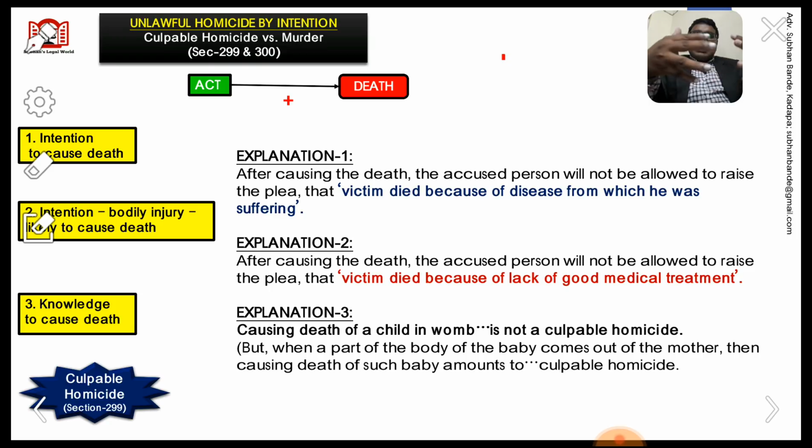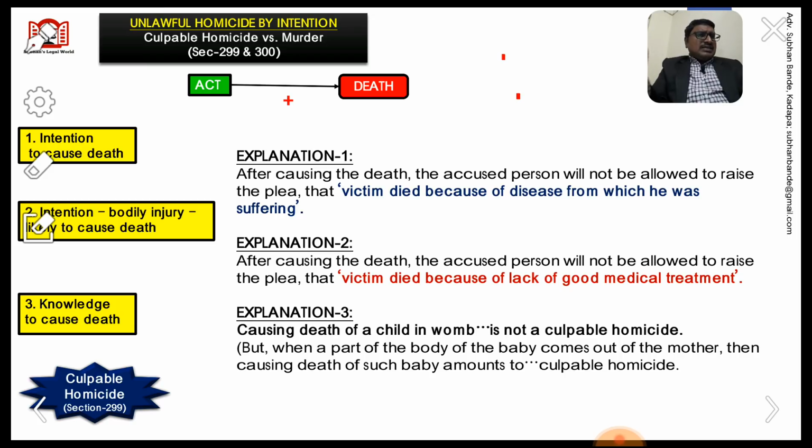We need to correlate the key ingredients of section 299 with 300. Whenever we correlate the key ingredients of these two sections, we can easily differentiate the slight difference. We can easily find the very sharp difference between murder and culpable homicide.